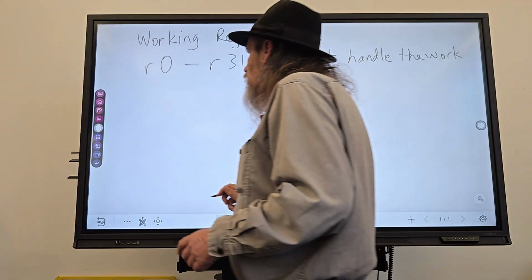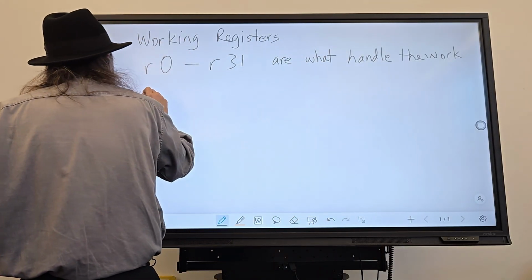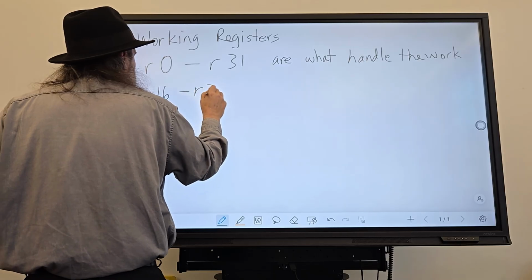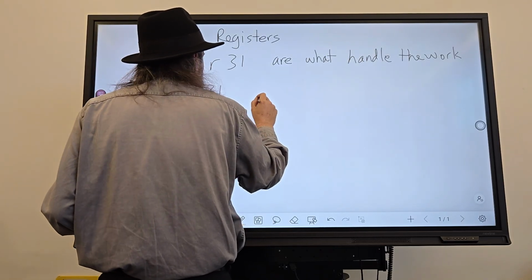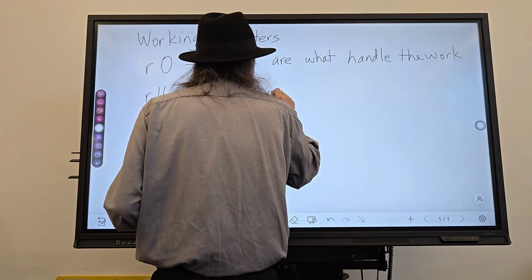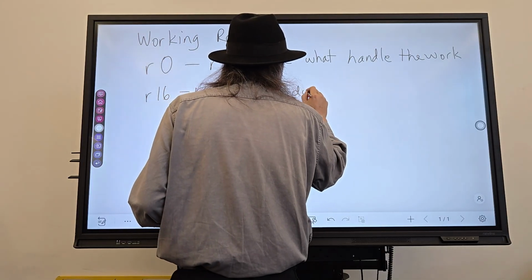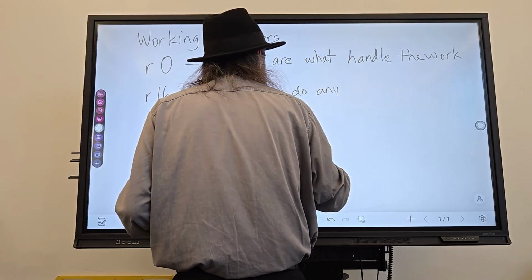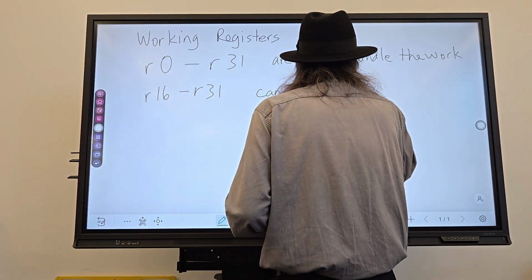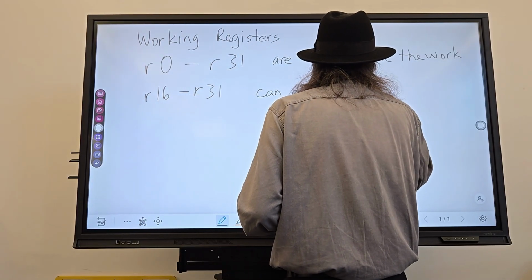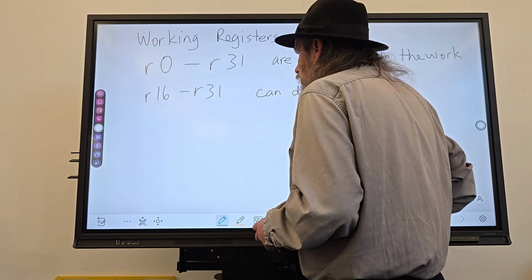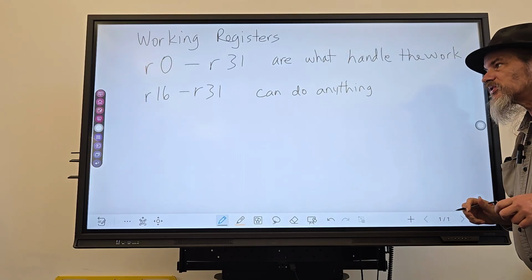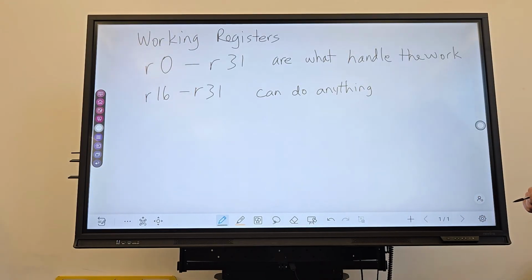Now, there are some special registers, R16 through R31, that can do anything. Any instruction can be executed on those 16 registers, the upper 16 registers.